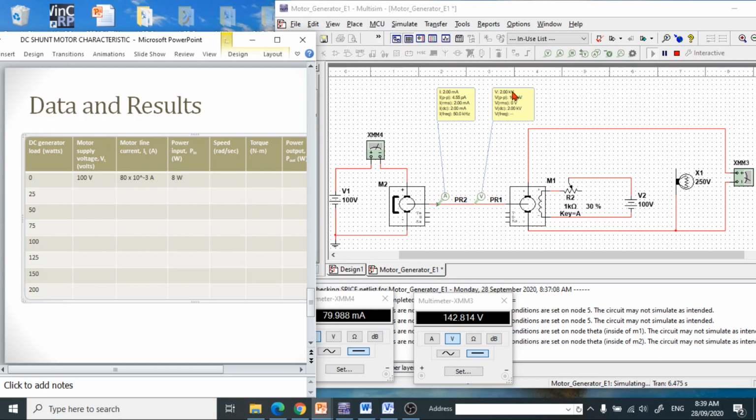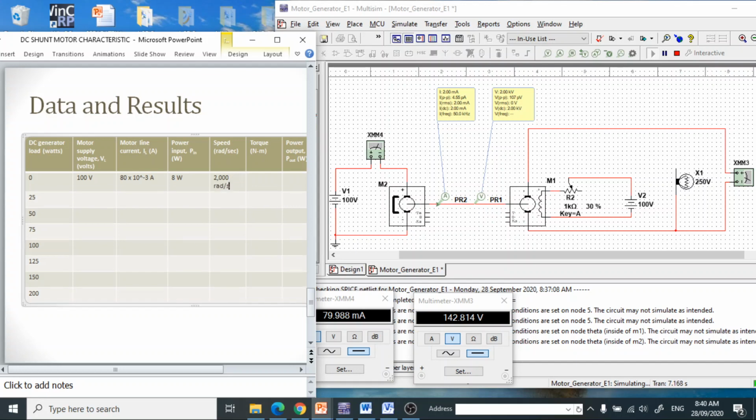So the speed in radian per second is set to 2000. So the torque is 2 milli.